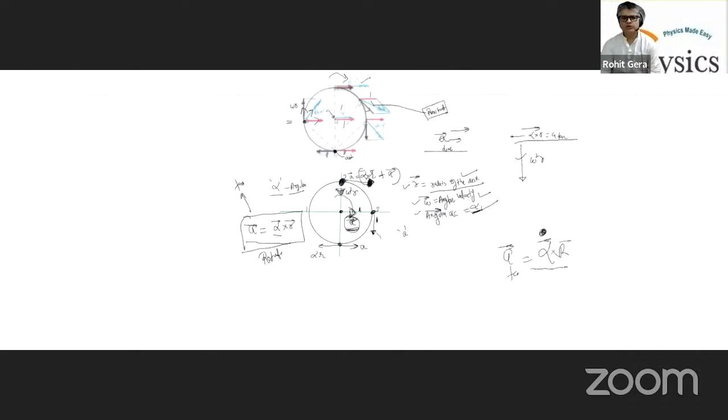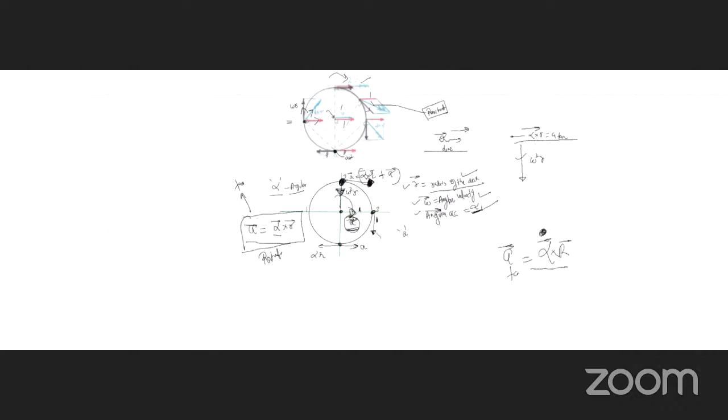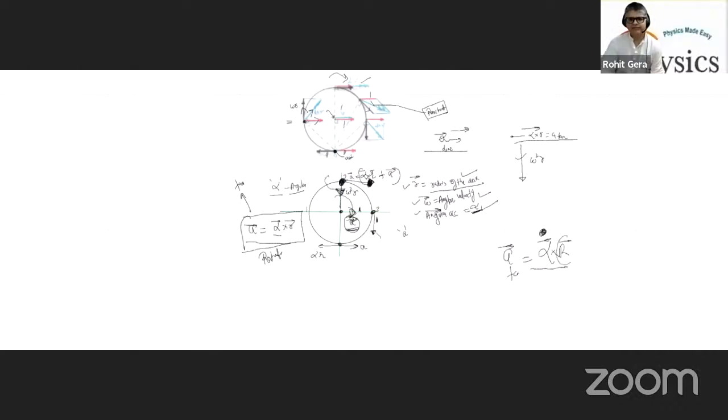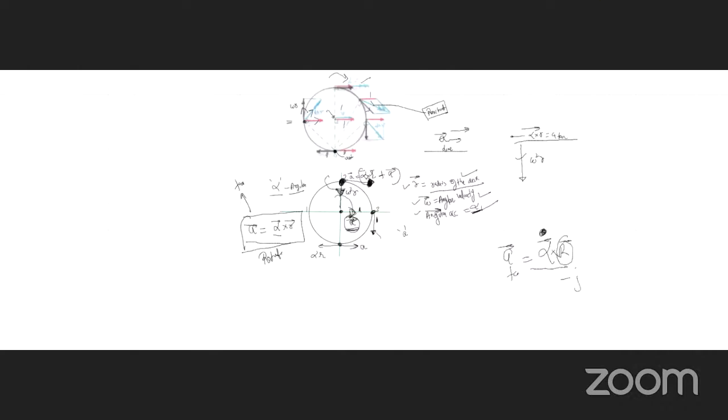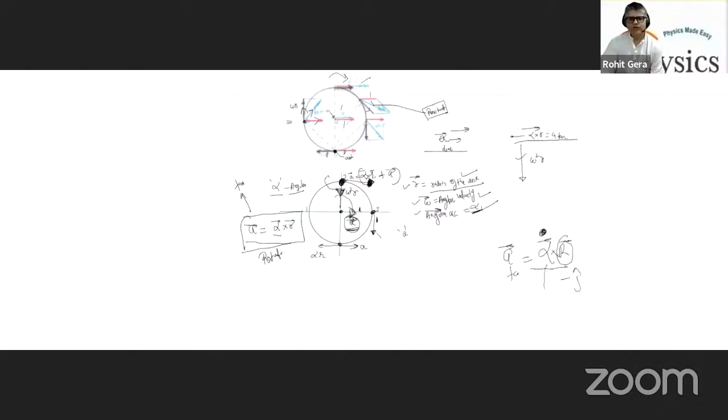Unless you know, if you're considering the point 2, what is the direction of radius? This, right? Downward. So the radius vector you now know, it is minus j. But what about the vector of alpha? If you don't know the vector of alpha, how will you find the vector of A? Cross product: i cross j is equal to k, j cross k is equal to i.